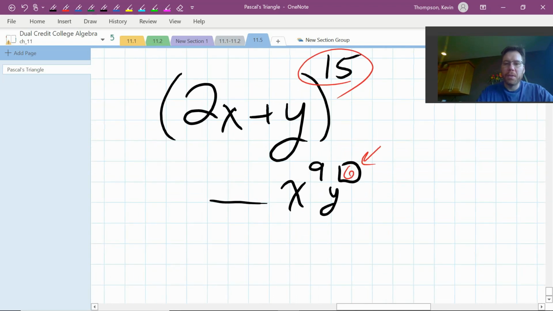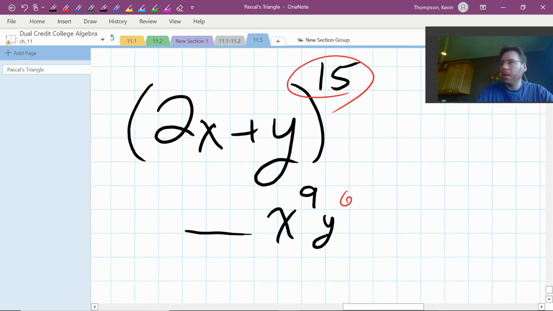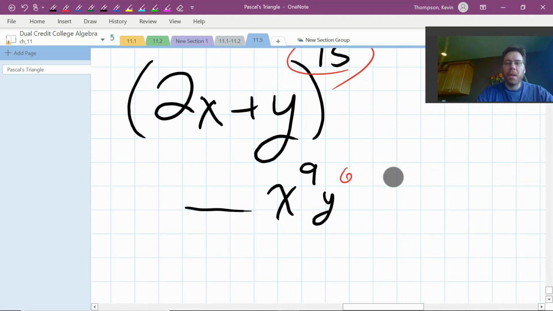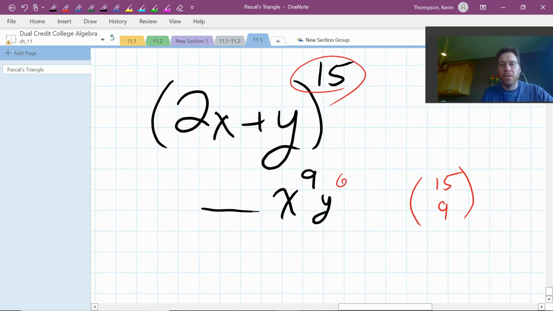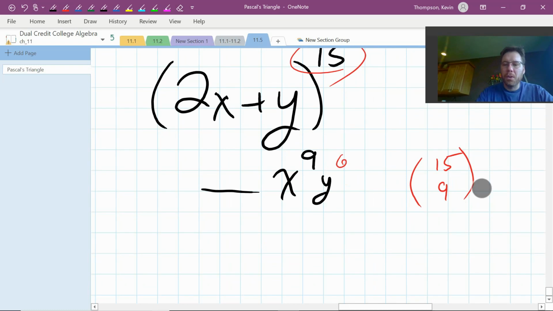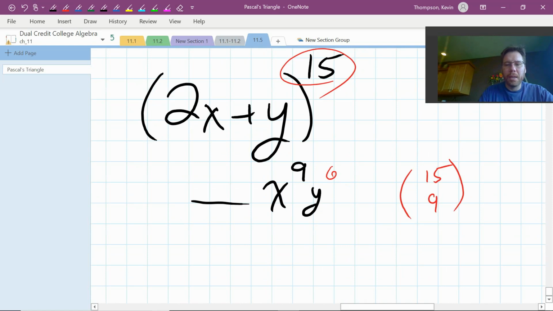That means that when I'm thinking about my combination, I should be having something like 15 choose 9. Okay, again, 15 choose 6 should have been the same answer. But again, now that I have my calculator, I could just type that in, but that'll be wrong.